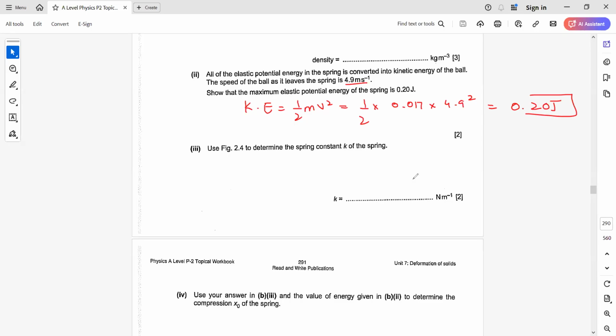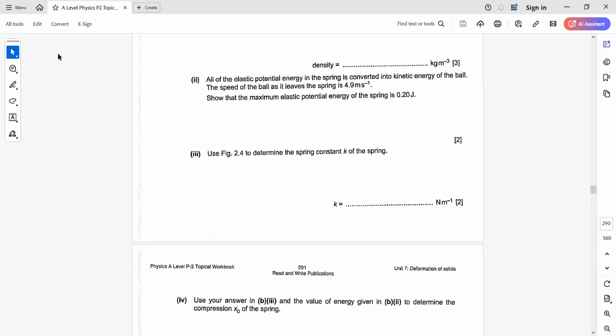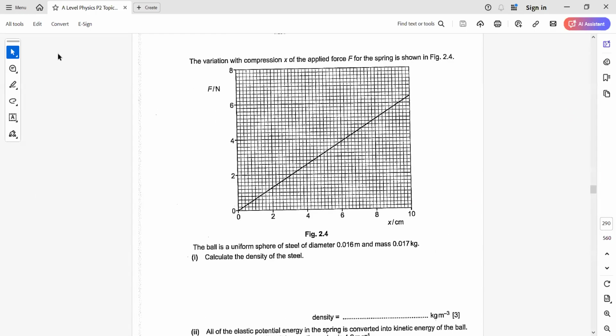So then they say determine the spring constant K. So that's the elastic potential energy, and the elastic potential energy is basically calculated through, okay, they want us to use that law. Let's use this. So the gradient is going to give me the spring constant. Let's see, what do I have here?